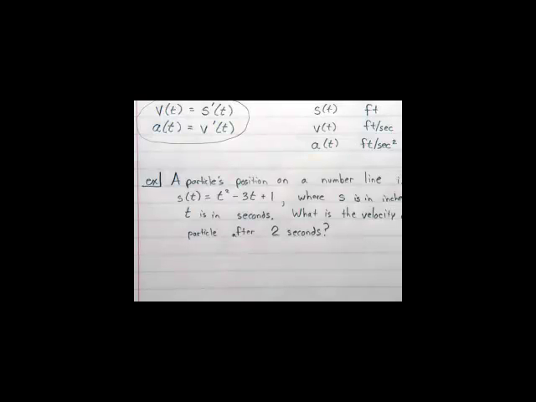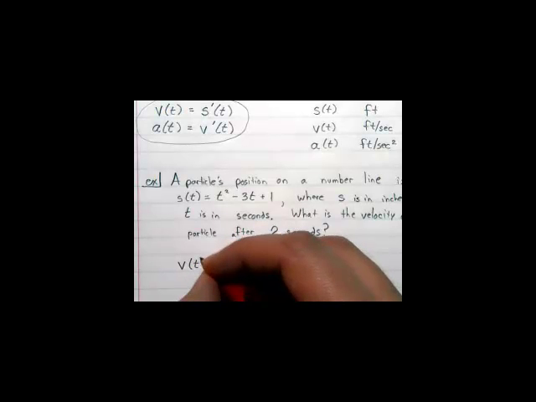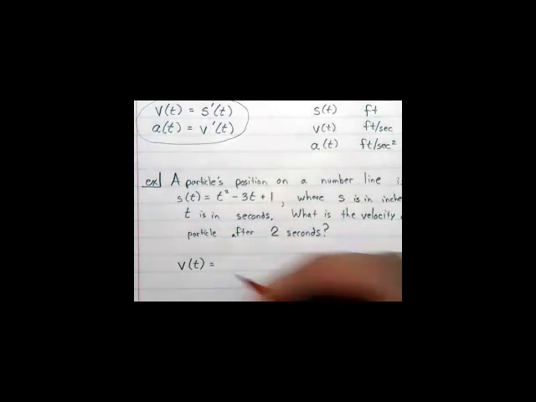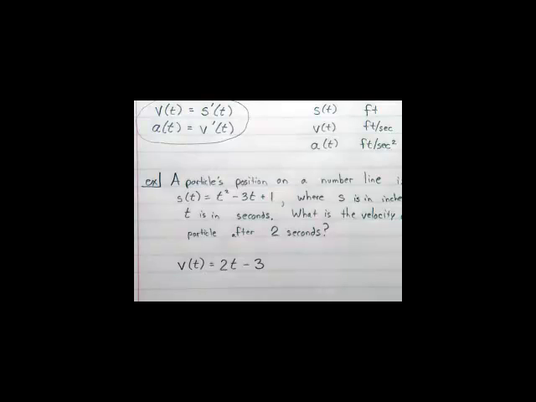Well, we know the velocity is the instantaneous rate of change of the position. So if we take that equation that we have there, do its derivative, that should be the velocity then. So we can apply that power rule you guys learned about the other day. So the velocity of this particle should be given by 2t minus 3. And if I want to know what the velocity is after 2 seconds, what do you suppose I'm going to do with that? Just plug in a 2, right?